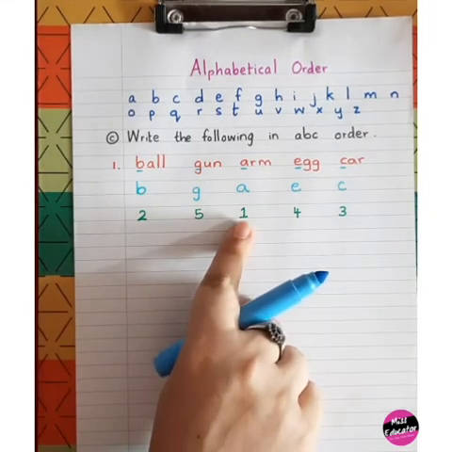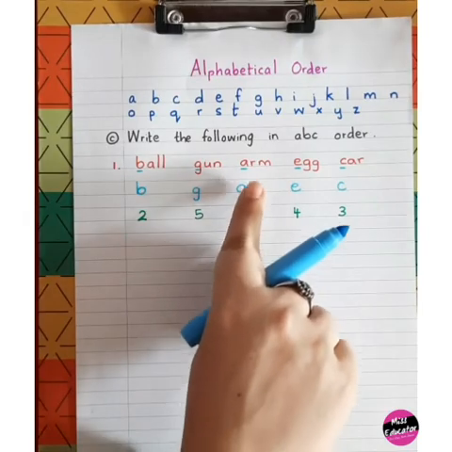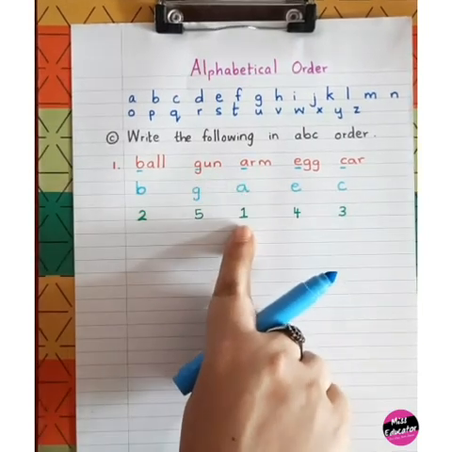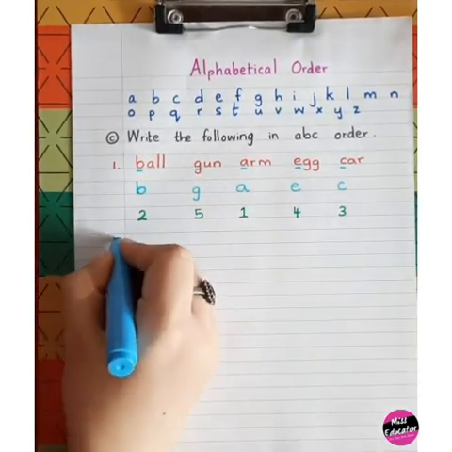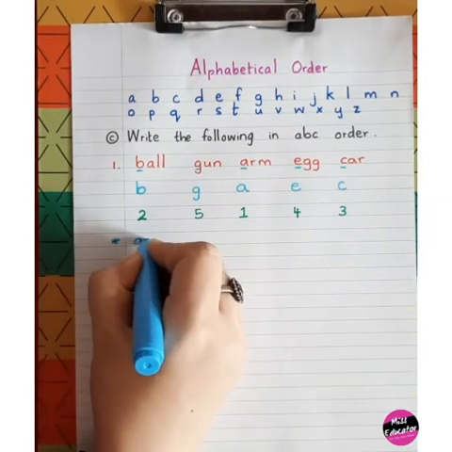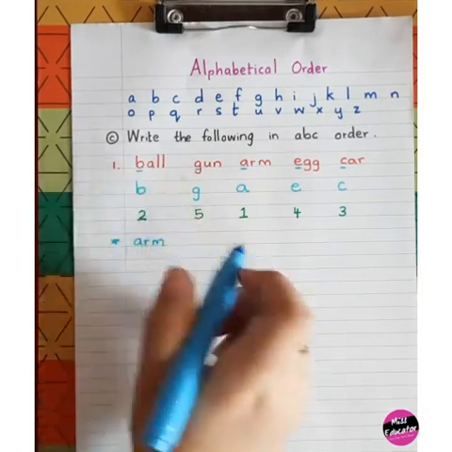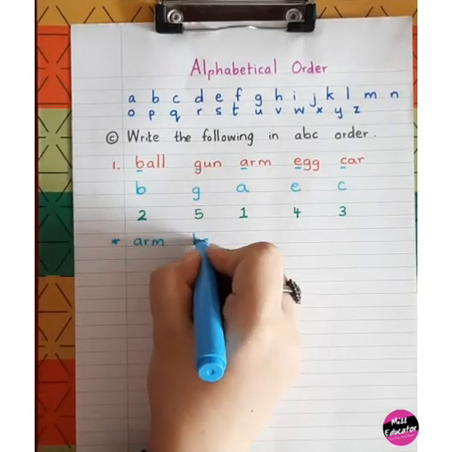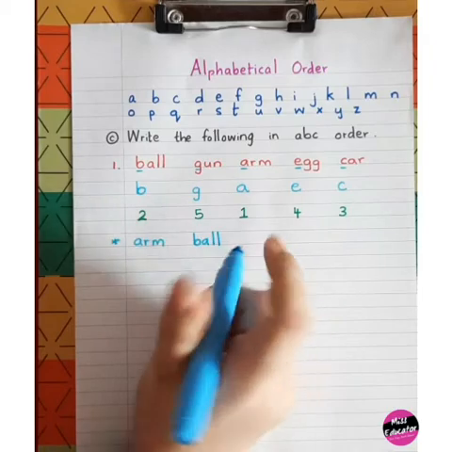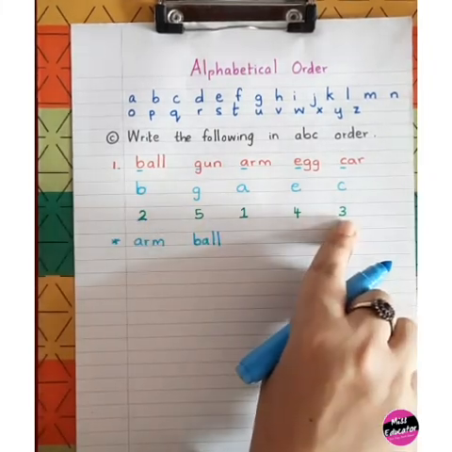So the first word is arm. After arm, we have ball. The third one is car.